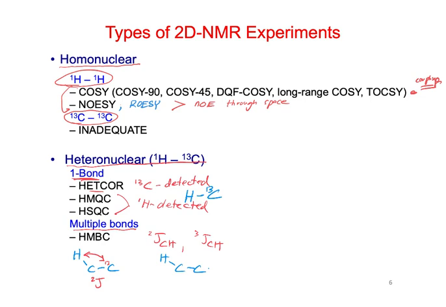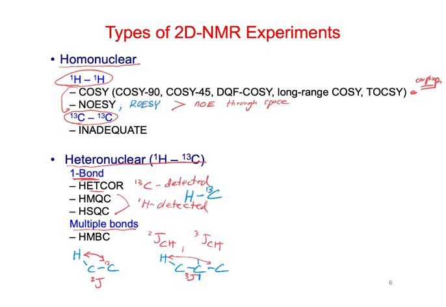J3 would be something like this, right? 1, 2, 3. So this is 3. This is going to be really useful if, for example, this is a quaternary carbon. If there are protons on all of these carbons, we could probably see it by proton coupling.